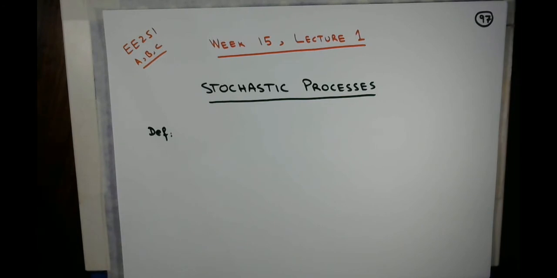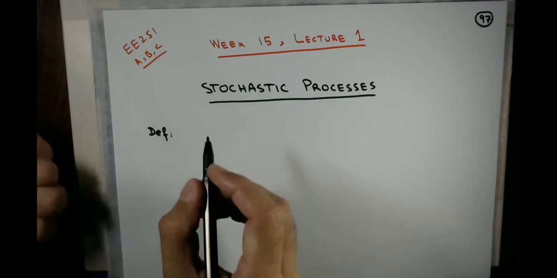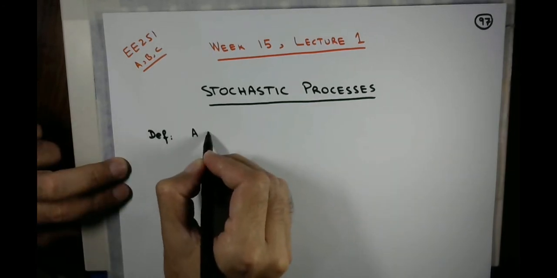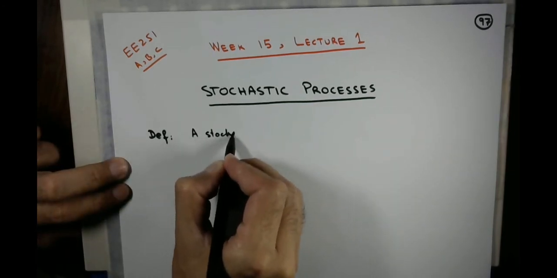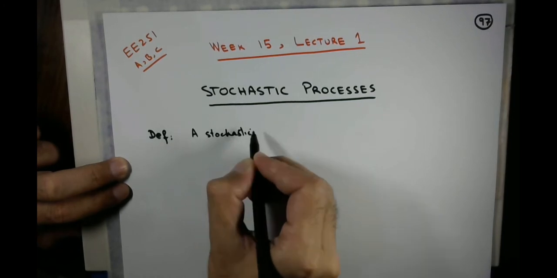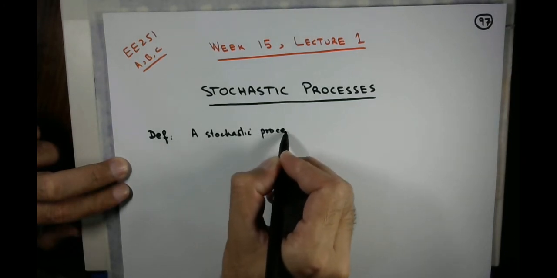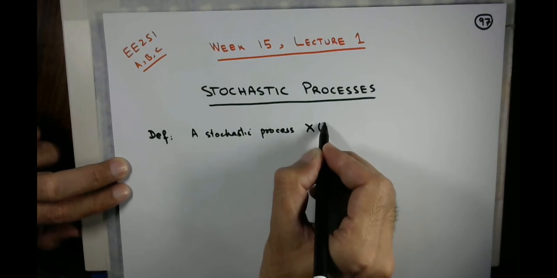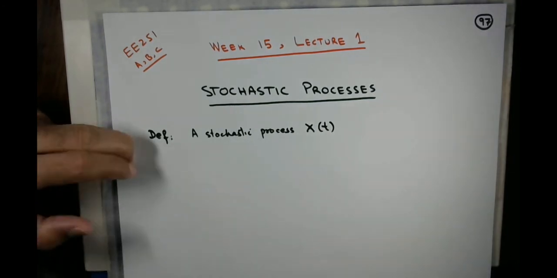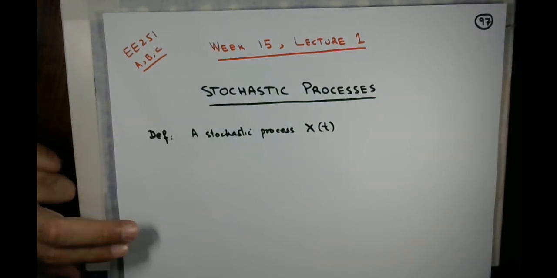A stochastic process basically is the association of time functions to outcomes of a sample space. So I'll write that a stochastic process x of t. Remember, time is a basic entity in a stochastic process.